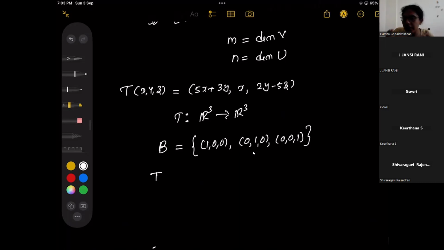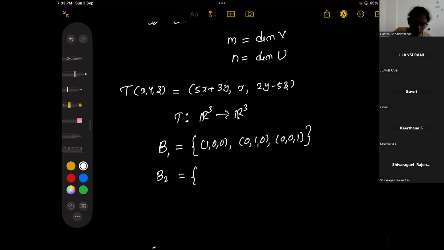Earlier we took B1 and B2, where B1 is a basis of the first space and B2 is the basis of the second space. Here both B1 and B2 are the same: 1 0 0, 0 1 0, 0 0 1.